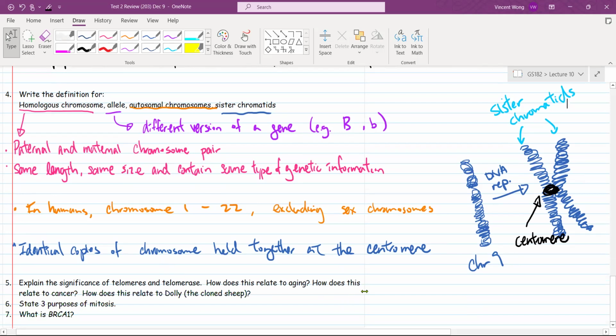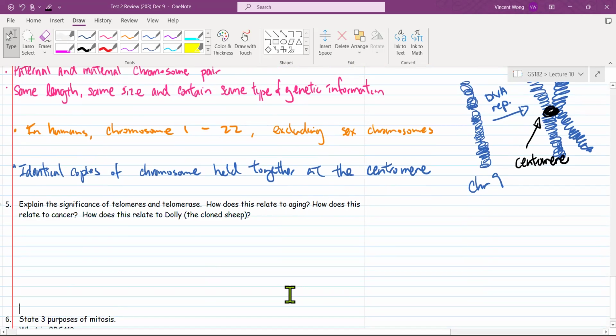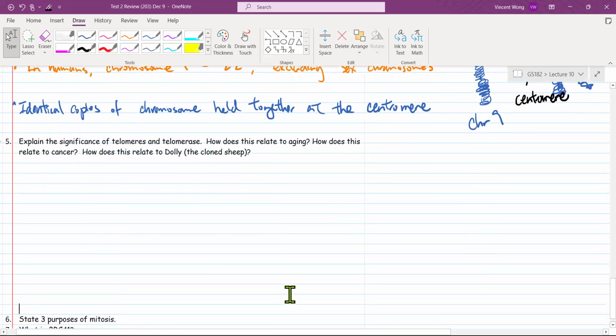Okay, moving on. Explain the significance of telomeres and telomerase. How does this relate to aging, related to cancer, and related to Dolly? All right, so let's talk about telomeres and telomerase first. So here is a chromosome. And located at the end of the chromosomes are non-coding sequences of DNA.